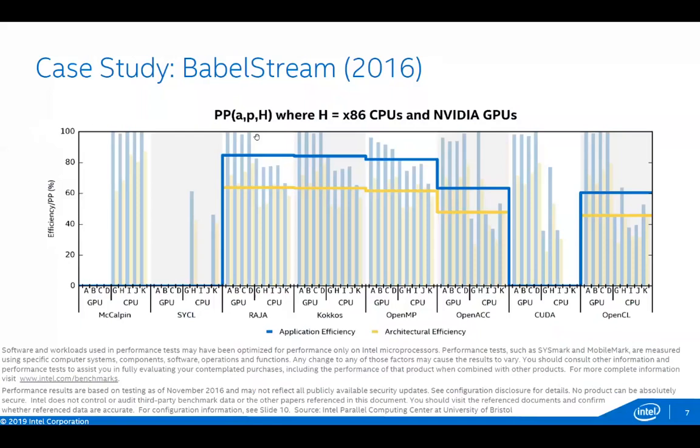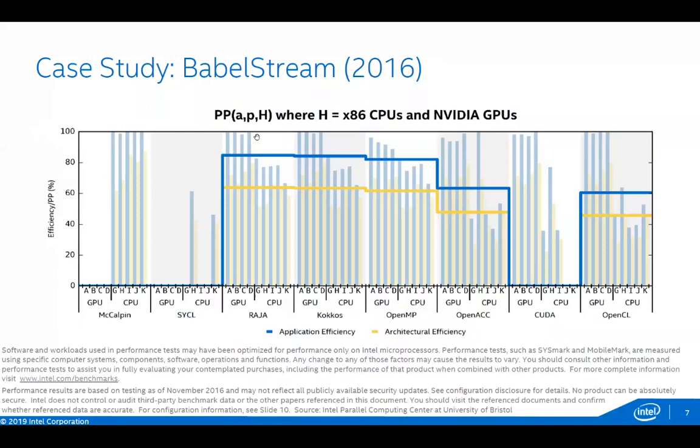And I should point out that this is historical data, so I've got data from 2016 and 2017. So if you were to rerun these experiments, you might get different results because of changes in configuration, security patches, things like that. But I'm not really highlighting the absolute performance here, rather the trends.